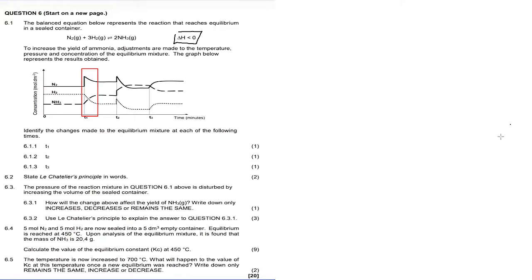Now, obviously, if there is only a spike up on one of these reactants, and the other reactant does not spike up or spike down, it simply just smoothly decreases like that, and then the NH3 is smoothly increasing like this, this is telling you that the effect that has been done there is an increase only on the concentration of the N2. Because we can see that at T1 there's only a spike up of the N2, which increases the concentration of the N2.